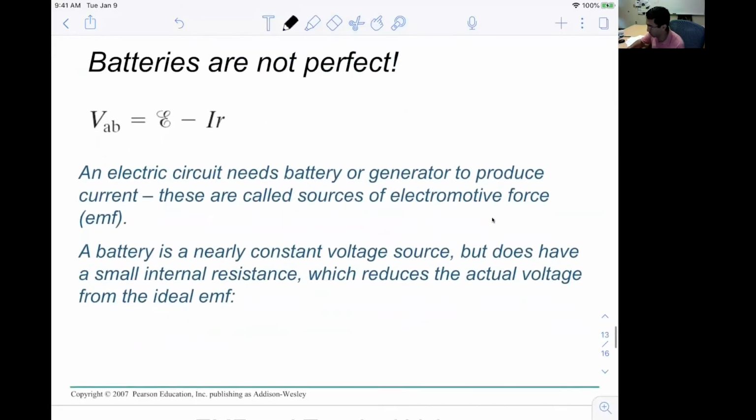So let's say you have a battery, its EMF, electromotive force, is shown as some voltage, let's say 1.5 or 3 volts. But because of internal resistance, when you pass a current, the useful voltage will be the EMF minus the current times the internal resistance.